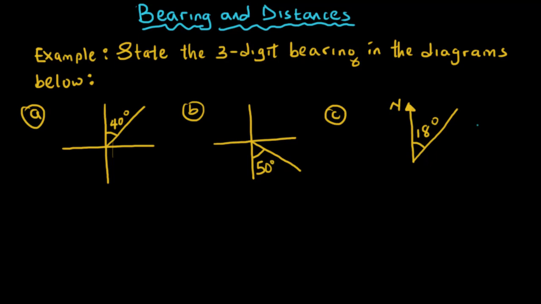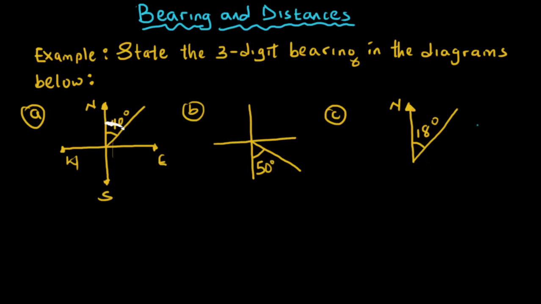So we can try to name the direction even before we start. We have north, we have south, we have east, and then we have west. Now remember, we are starting from the north, and then we have to draw it clockwisely till we get to the line we were asked to find.